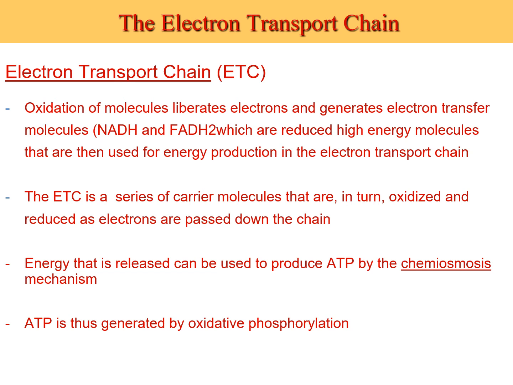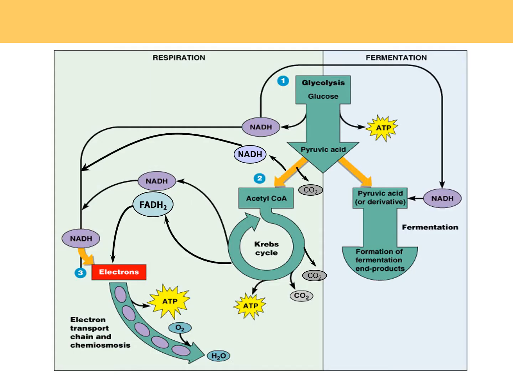And that process of ATP production by chemiosmosis involving the electron transport chain is called oxidative phosphorylation. It occurs in mitochondria. So we're talking about all of this.